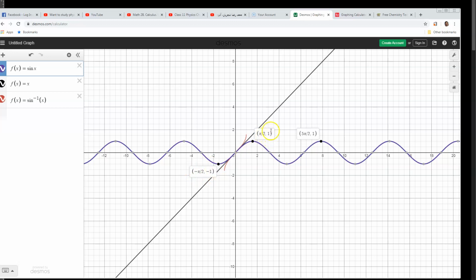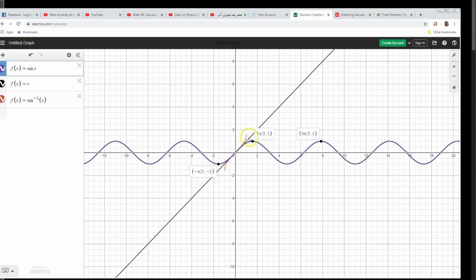Now this output has become input for this red function, which is essentially the inverse of the purple function. Over here the input has become -1, and the output is negative pi by 2, something like 1.5, 1.6, 1.7.